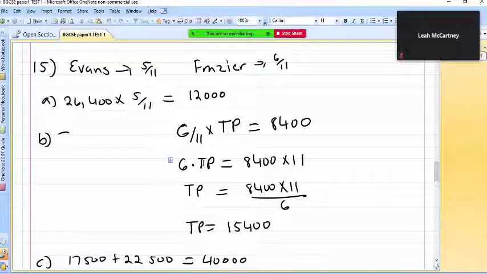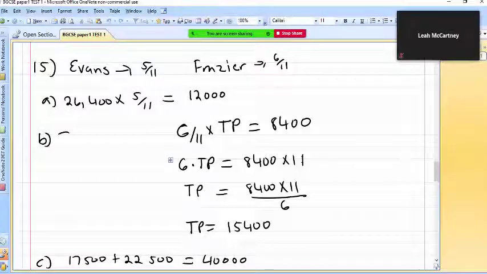Okay, so if I do 6 over 11 times total profits, this division of 11 here, I need to get rid of that and put it to the other side of the equation. So basically, I need to multiply both sides by 11. So I multiply this side by 11 to get rid of the 11, and I multiply that side by 11.